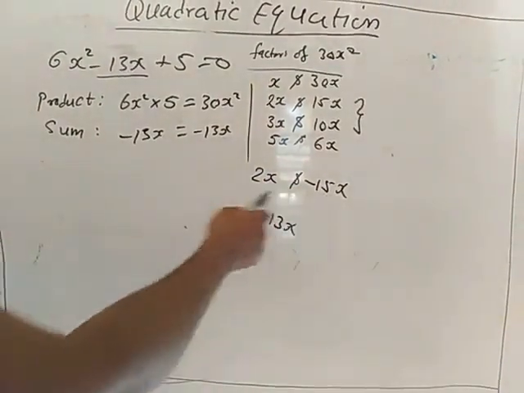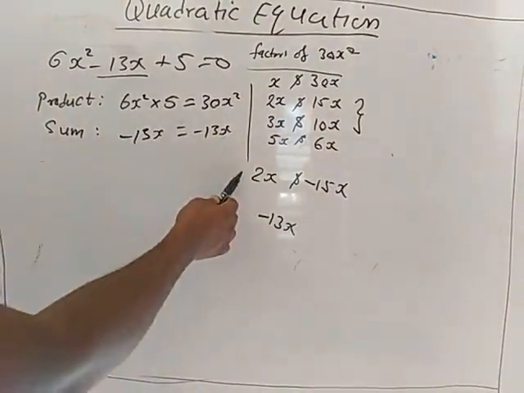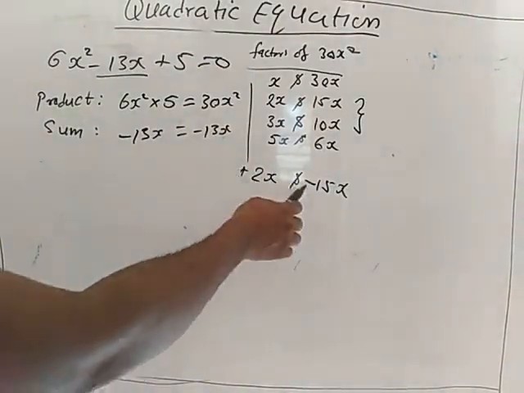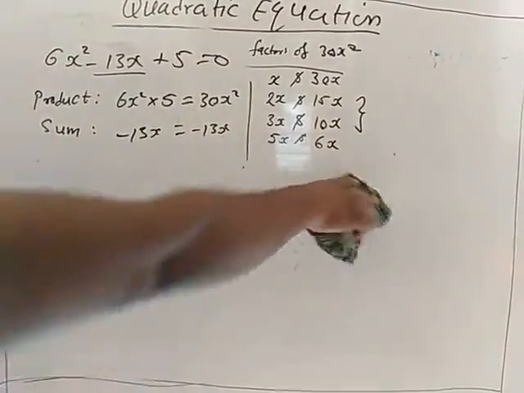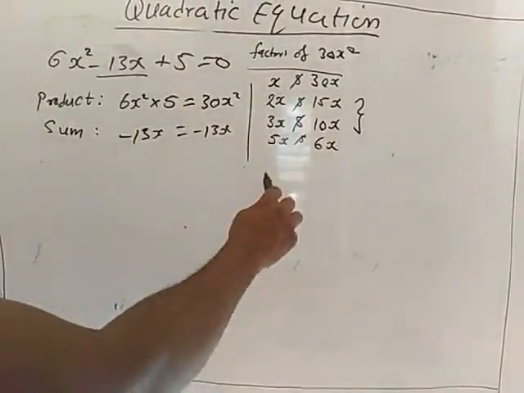But does this satisfy 30x squared? Let us look at it. If we multiply them together, we will have 30x squared. But this one is positive, while this one is negative. So if we multiply this and this together, then we have minus 30x squared, which means we cannot use 2x and 15x.